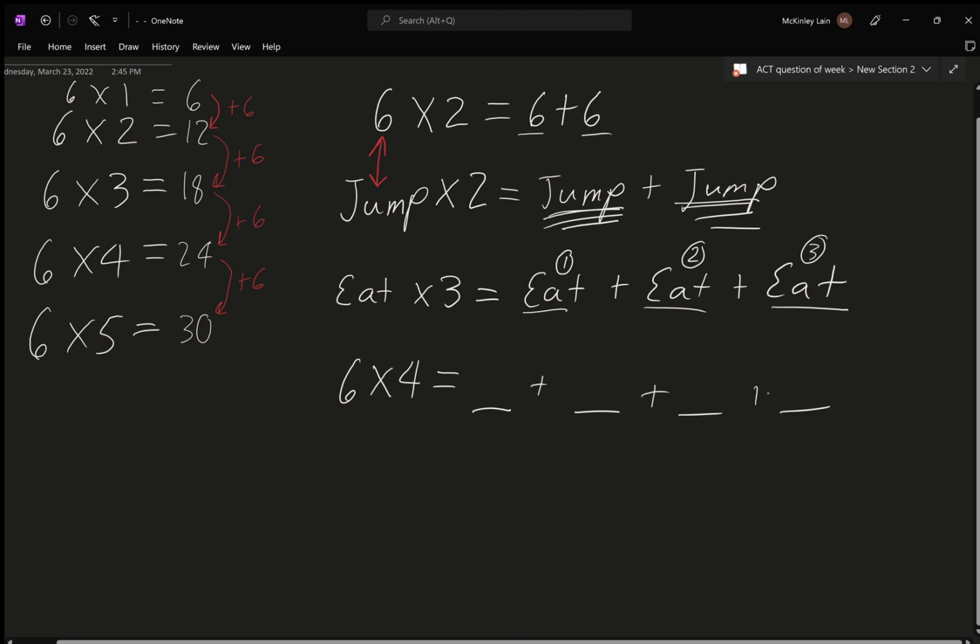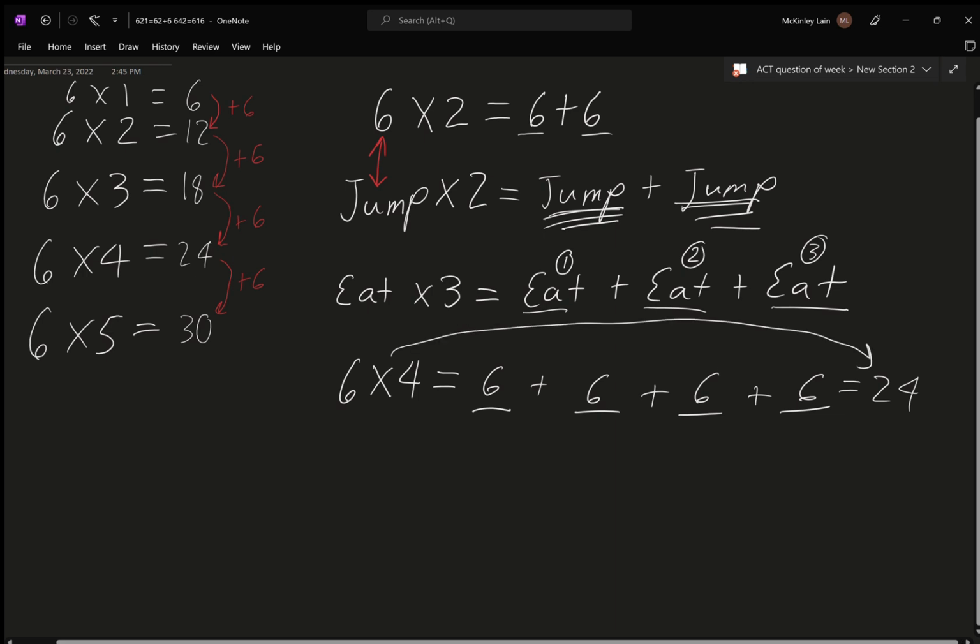And instead of writing in jump, we can write in 6. So 6 plus 6 is 12. 12 plus 6 is 18. 18 plus 6 equals 24, right? So as we work on our multiplication facts, we can go directly from 6 times 4 to 24.